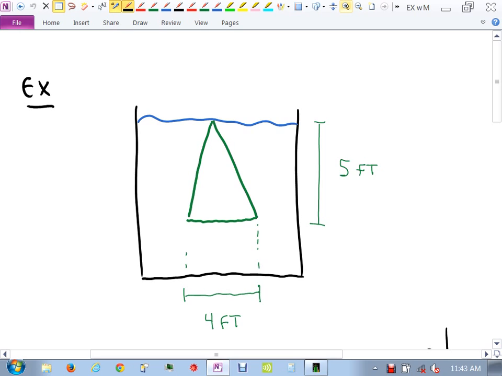I'm actually just going to put it underwater so that just the tip of the plate is touching the top and then the bottom. And I'd like to know what the total force, hydrostatic force, is on one side of that plate. One side. Same thing. It's just one side, the force is the same on the other side.